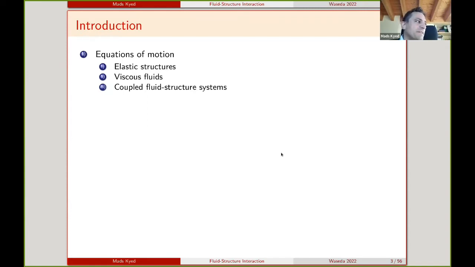Now, this is what we do as mathematicians, but often, and in my view at least, it's quite useful to know details about the origin of our equations.